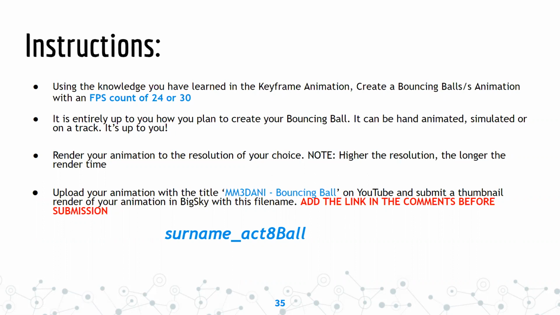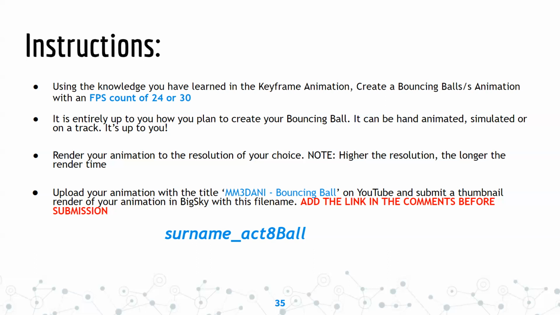Note, the higher the resolution, the longer the render time, which is pretty obvious at this point, no? And then you're going to upload your animation with the title MM3DANI bouncing ball on YouTube and submit a thumbnail render of your animation in Big Sky with this file name: Surname_act8 ball.